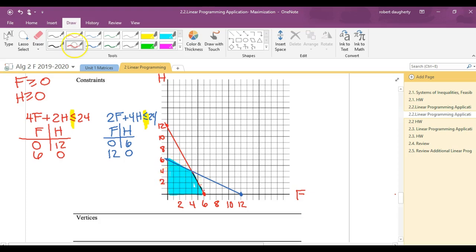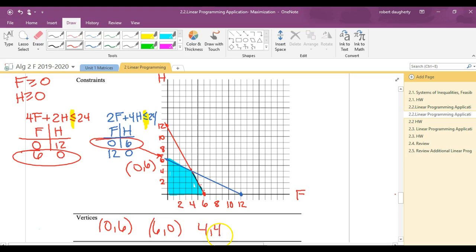My vertices are 0, 6, from right here, and the other point right here is 6, 0. Where do these two lines intersect? That looks like 4, 4. I did my graph pretty well, so I think that's a max.